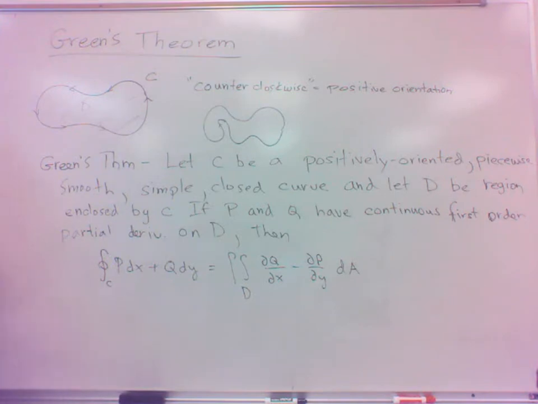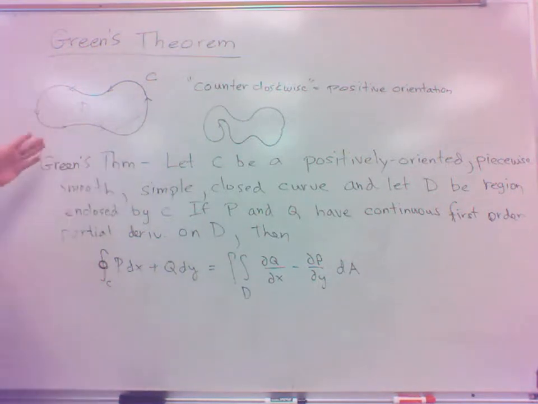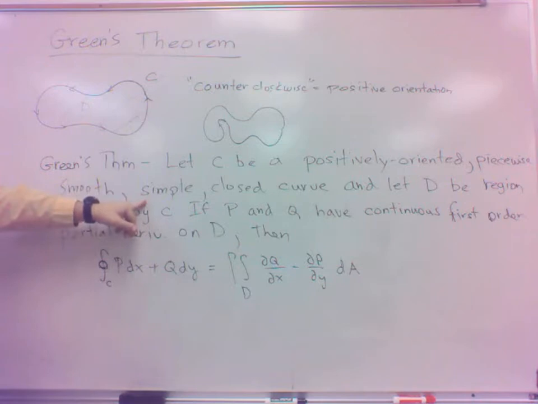Now, one other thing that I added here that you may or may not have noticed is this line integral. I put a little circle on it, because on a line integral you don't have to have it be closed. It can just go from this line to that line. But if it is positively oriented, simple, and closed, what does simple add?